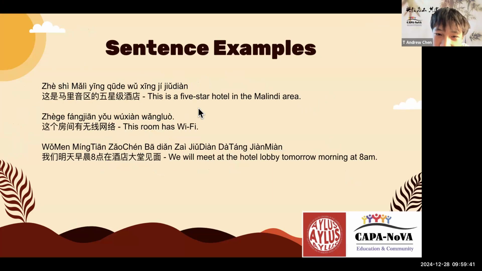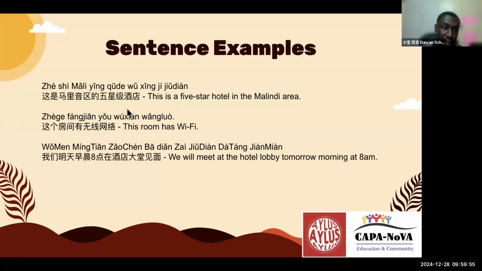This is a 5-star hotel in the Malindi area. In Chinese, 这是 is "this is." 马里营区 is Malindi, 区 is area, so 马里营区 would be Malindi area. 的五星级酒店 is 5-star hotel.